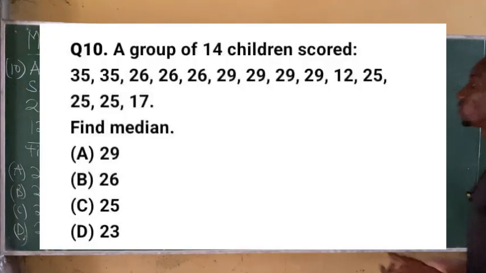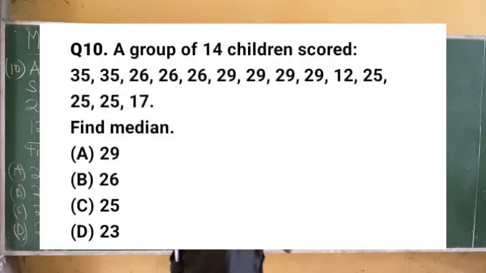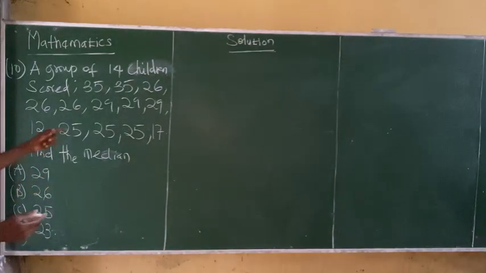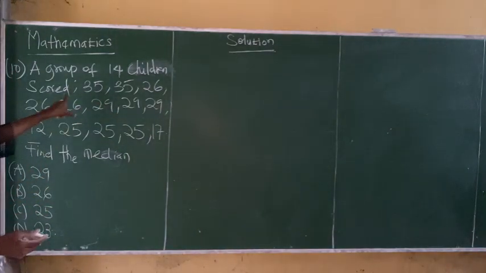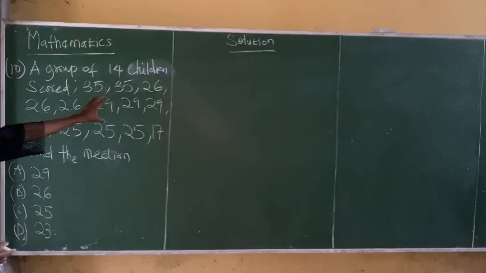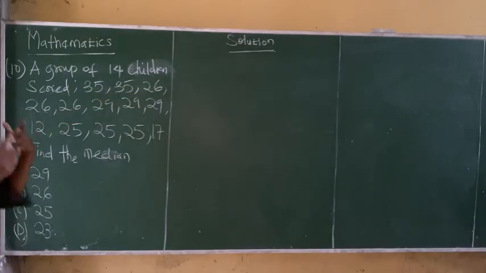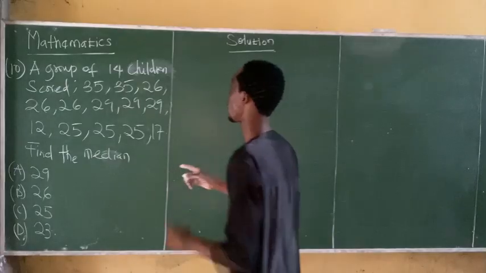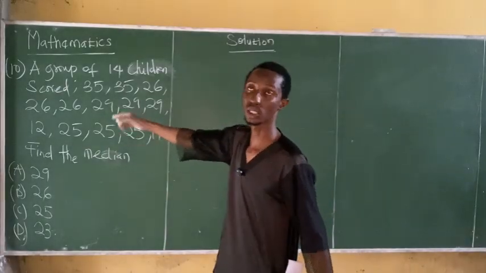When you're faced with this kind of question, don't forget, the median simply means the middle number. But you get it wrong if you start counting the middle number when you haven't arranged these numbers in either ascending or descending order. So first step is to arrange this in ascending or descending order.